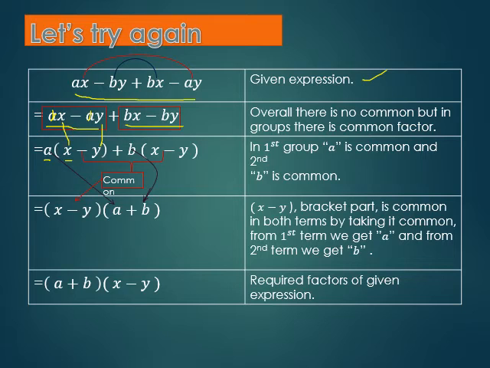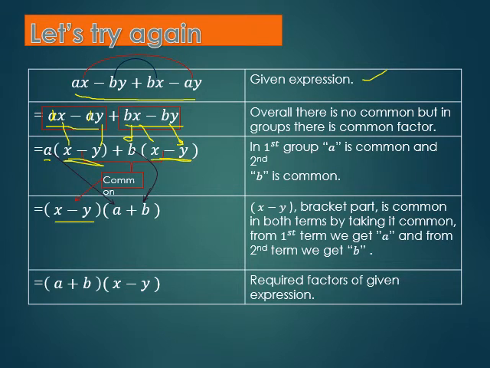The next group, bx minus by, b has been taken as common, so from the first term we get x and from the second y. So this is x minus y. Again observe here, student, both bracket parts are the same, so we take it common.